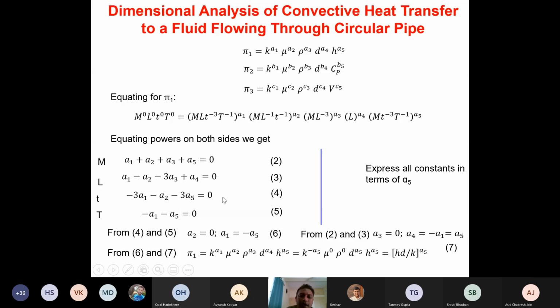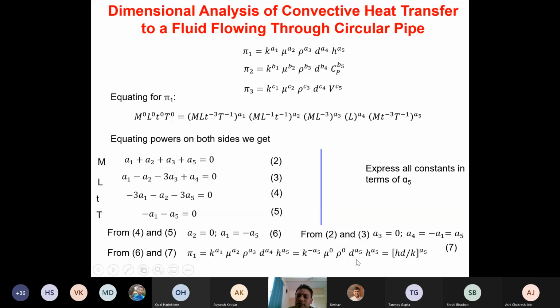So now the relationship we know, pi1 is given by this, isn't it? A1 we have already obtained, A1 is minus A5, so that is put here, minus A5. Mu raised to the power A2, A2 is 0. Rho raised to the power A3, A3 is also 0 here.